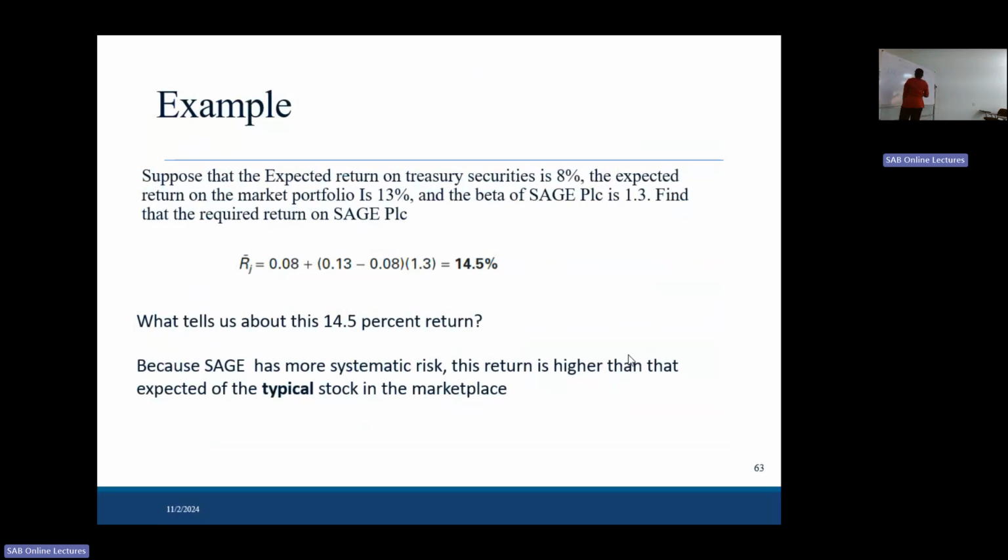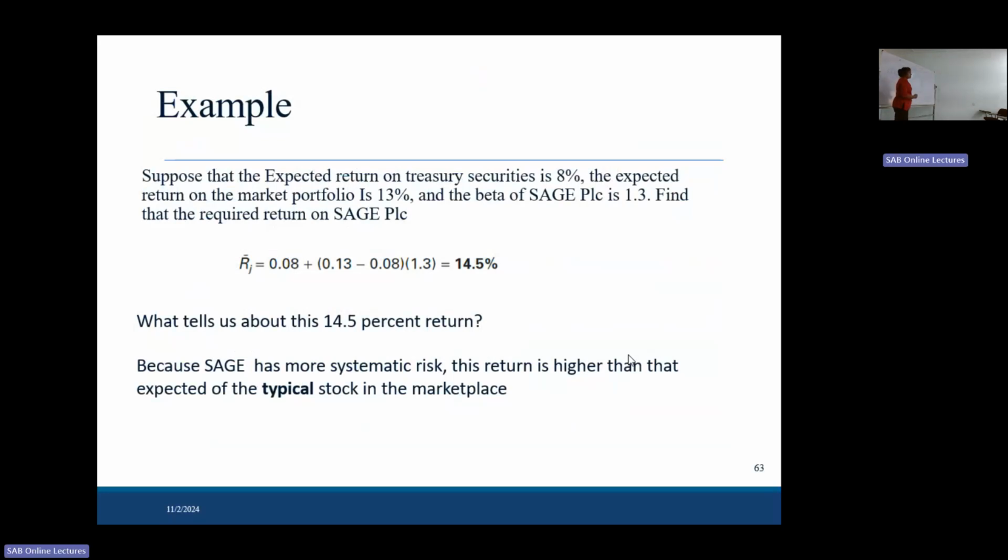Then you will get the answer as 14.5. This is the expected or required rate of return for Sage PLC for this level of systematic risk, where the beta is 1.3. So this is the investor's required rate of return.